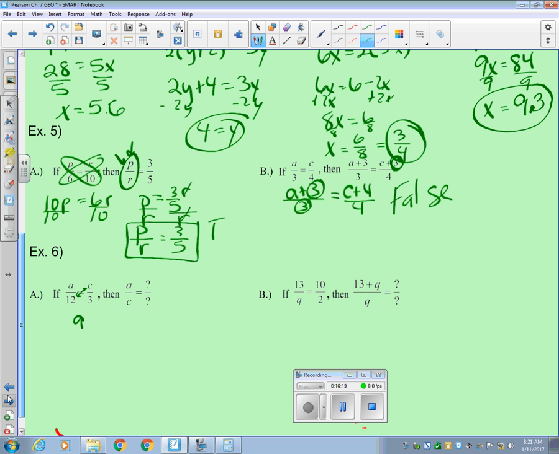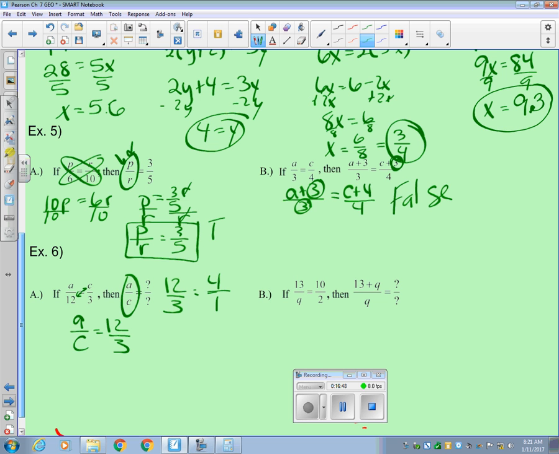It's going to be A over C equals 12 over 3. Because I'm a math teacher, I have to reduce this or my brain will explode. Sorry, it's 4 over 1.